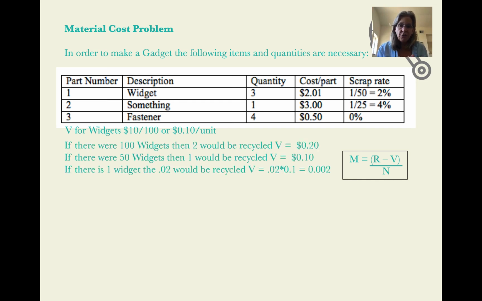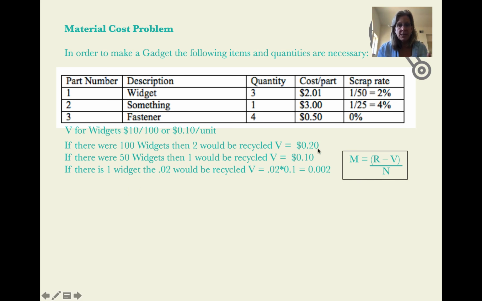So let's look at this difference associated with the batch size. If we have 100 widgets, then two of them will be recycled. So that's associated with the scrap rate. 2 in 100, which is 1 in 50, will be recycled.